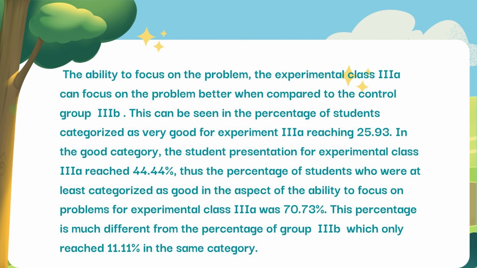Thus, the percentage of students in the good category for the aspect of the ability to focus on the problem for experimental class 3A is 70.37%. This percentage is much different from the percentage of group 3B, which only rose 11.11% in the same category.